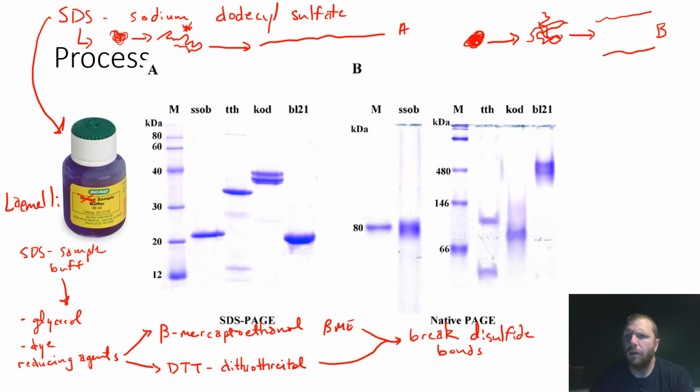How? Why? Well, none of the reagents that we added had any sort of proteolytic activity, so we didn't have to worry about them breaking any sort of peptide bonds.